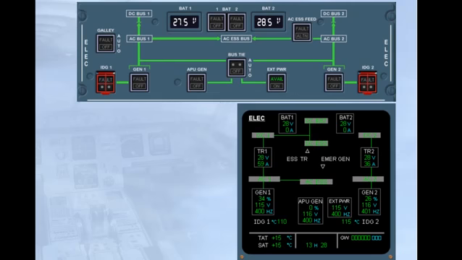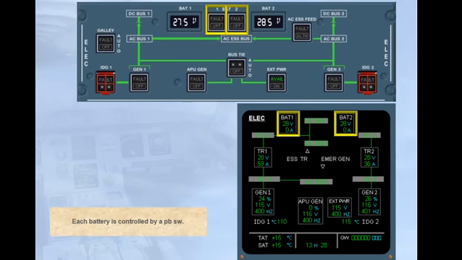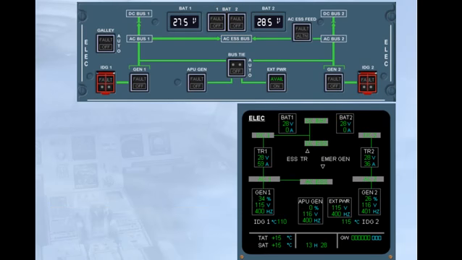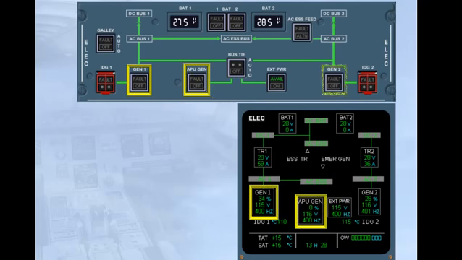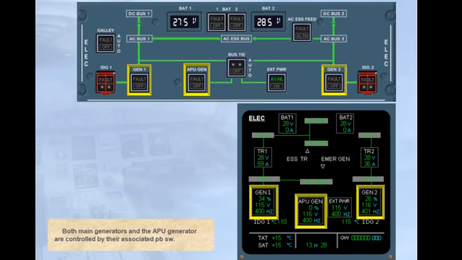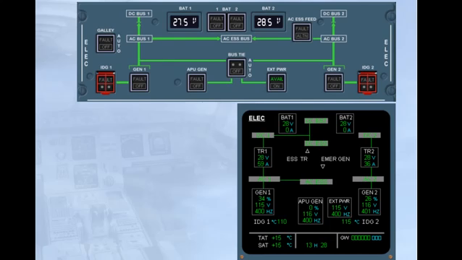Each battery is controlled by a push-button switch. Both main generators and the APU generator are controlled by their associated push-button switch. The external power is also controlled by a push-button switch.